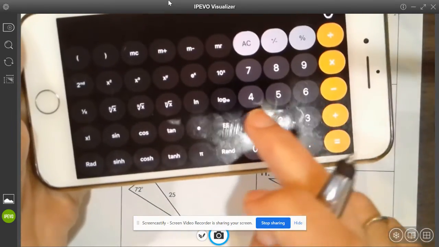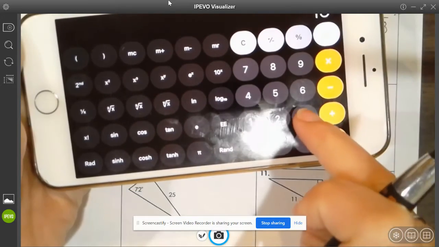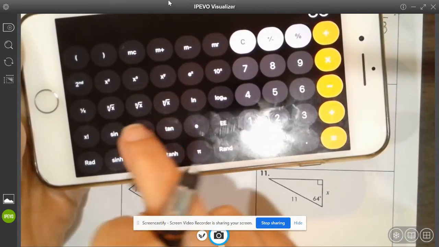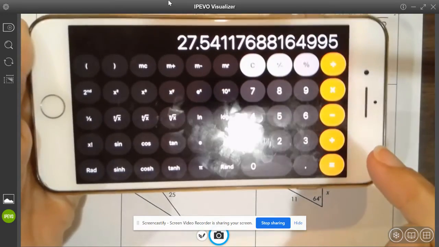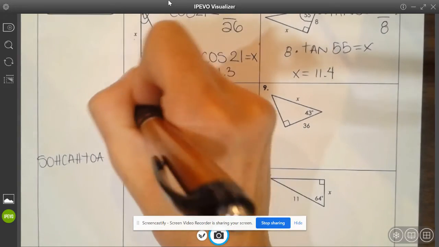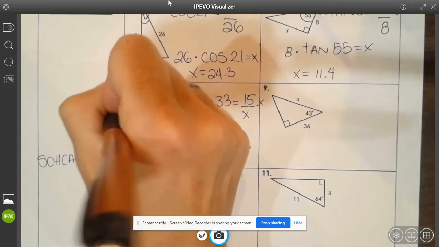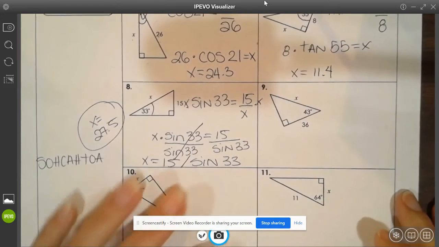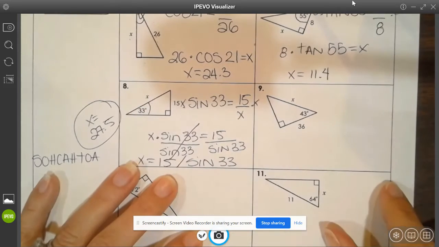So that's 15 divided by 33 sine. Press that equal sign, 27.5. So that's x equals 27.5. That is the size of the hypotenuse.